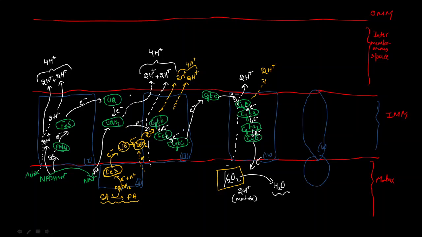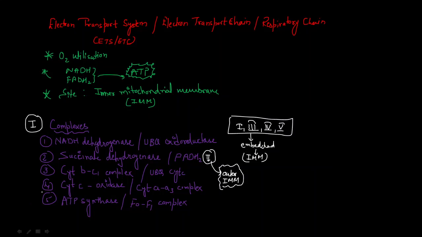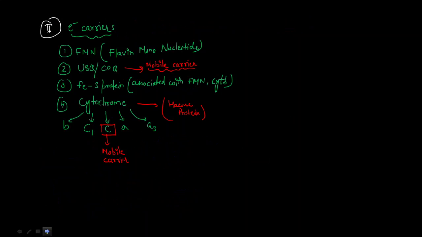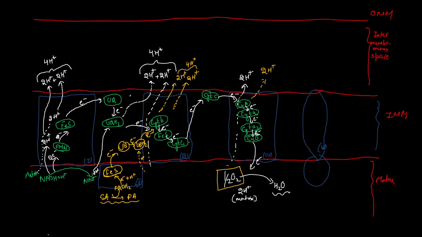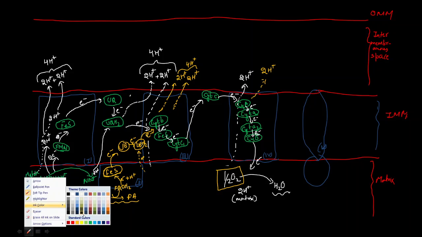Now we have seen the electron transport system through the NADH and FADH2, but one thing I told you is that ATP production is going to happen here, which we haven't seen yet. So how will ATP production happen? See what is happening.